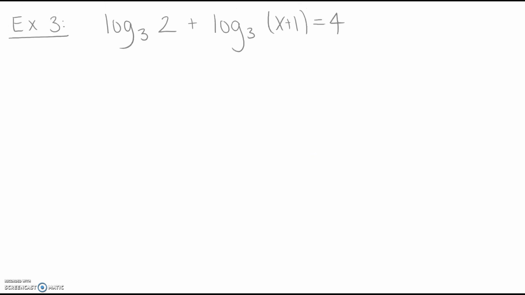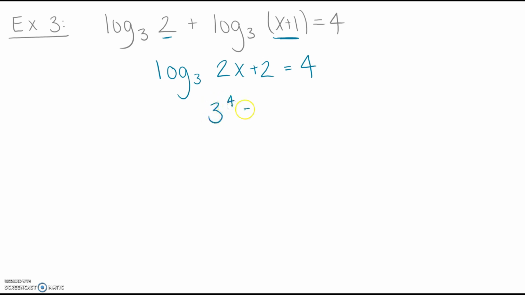So again, you are using the product property. If you'd like, you could pause the video and try to do this one on your own. You'll first want to combine these. So you have log base 3 of 2 times x plus 1, which is the same as 2x plus 2, and now we can rewrite this as an exponential.